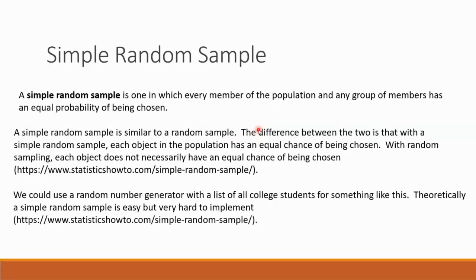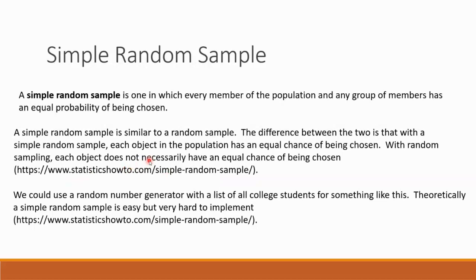So that's where every member of the population and any group of members are all equally likely to be in the sample. So odds are this is really what you want. There is a difference between a simple random sample and a random sample. I actually wrote it here from this website.